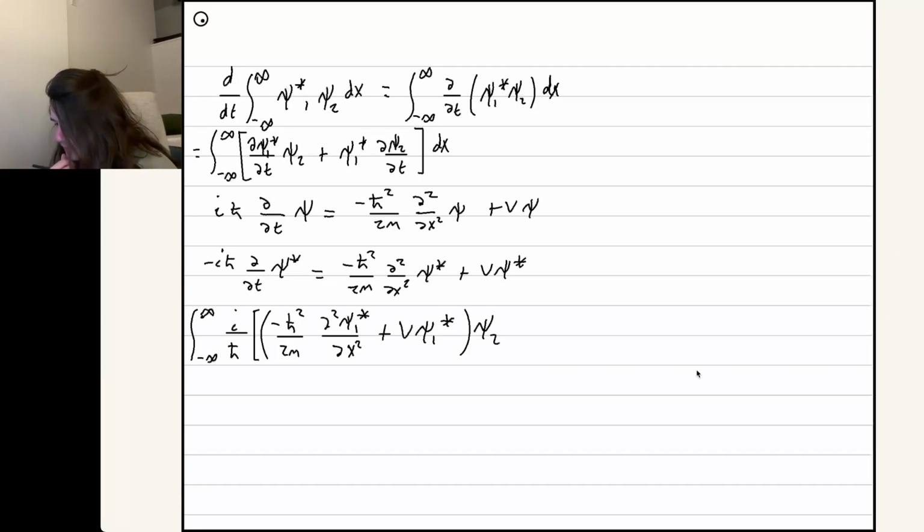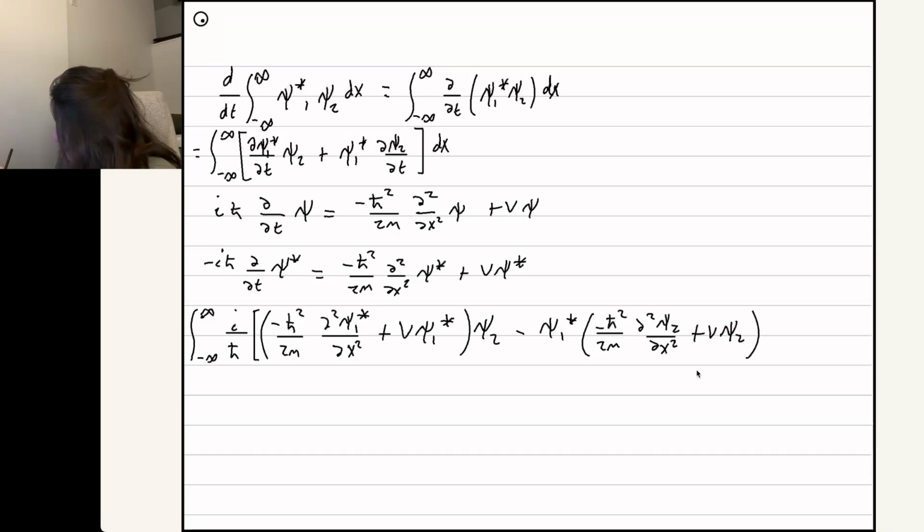I'm just checking if I got the sign right. Yes, I did. And that's going to be minus psi 1 star times minus h bar squared over 2m del squared psi 2 over del x squared plus v psi 2, dx.